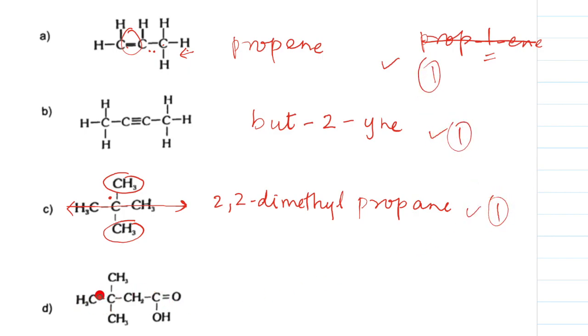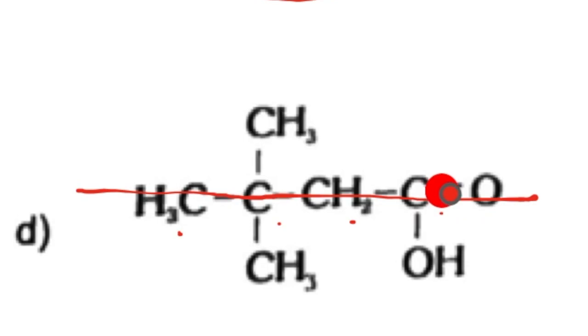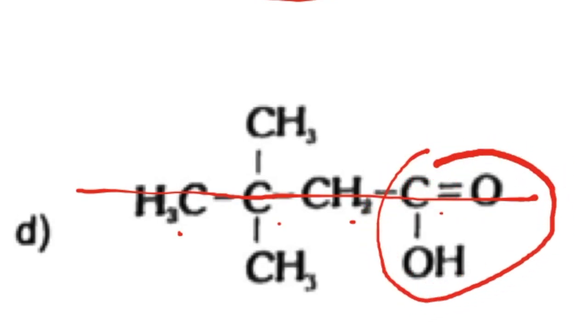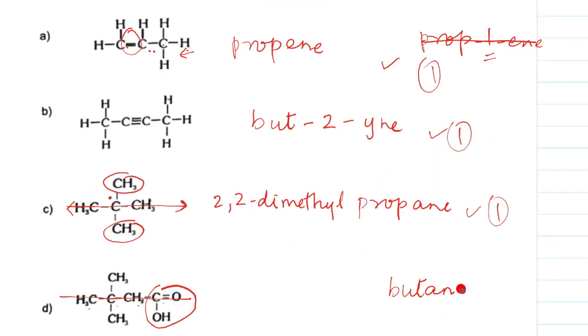Now let us look over here. What is the straight chain having? 1, 2, 3, 4 carbon, so it is but, correct? Single bond, so it is butane. And it is COOH group here, so it is butanoic acid, correct?